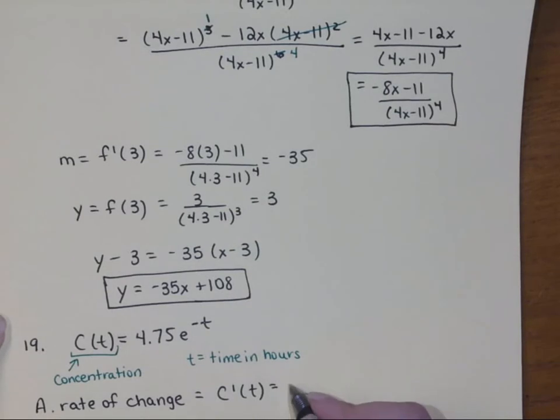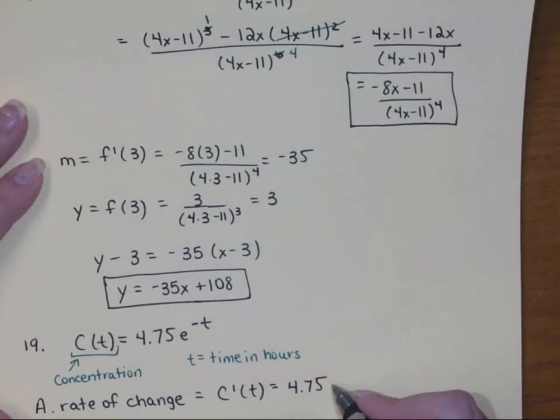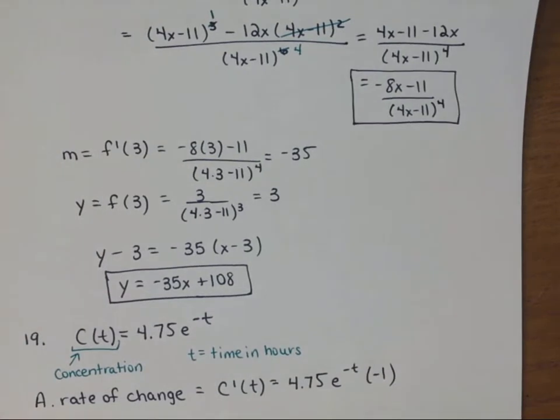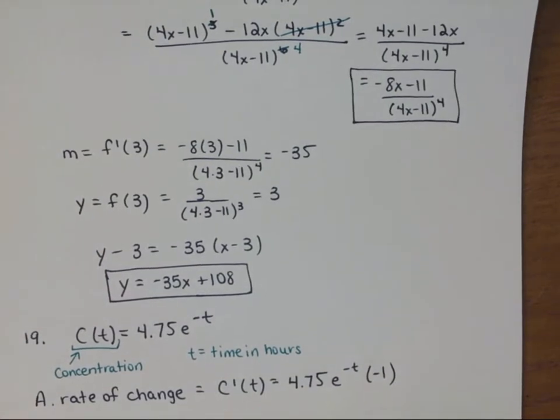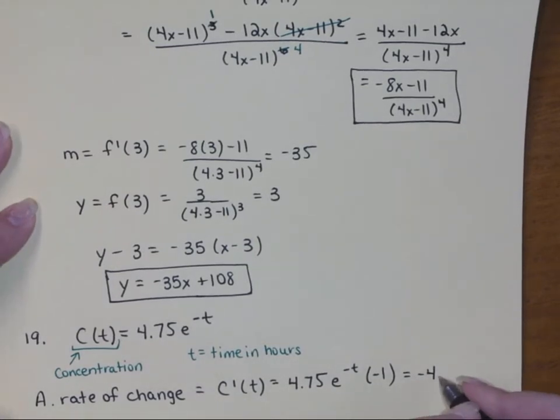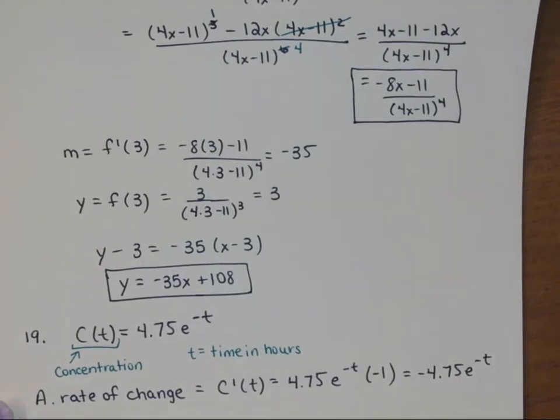So the derivative of a constant times something is you just pull the constant down. The derivative of e is itself times the derivative of the exponent. So you actually end up getting negative 4.75 e to the negative t for the rate of change.